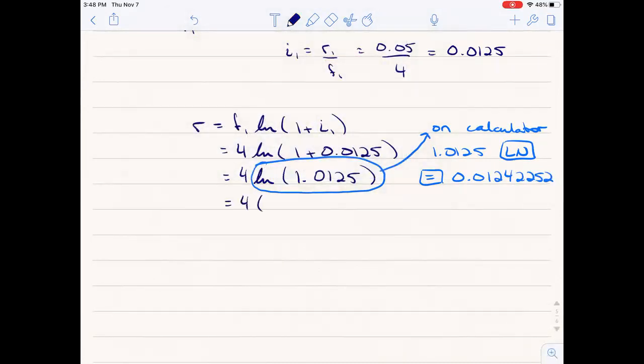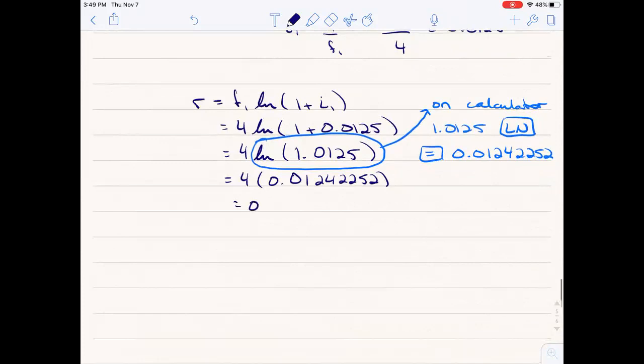So we need 4 times 0.01242252. So times that by 4 then, and we get 0.04969008.